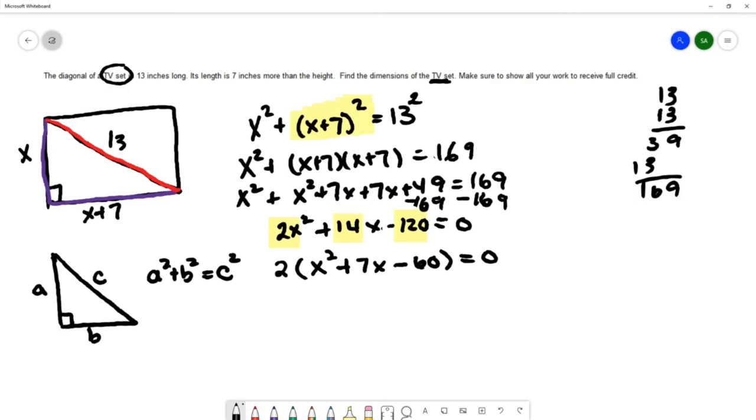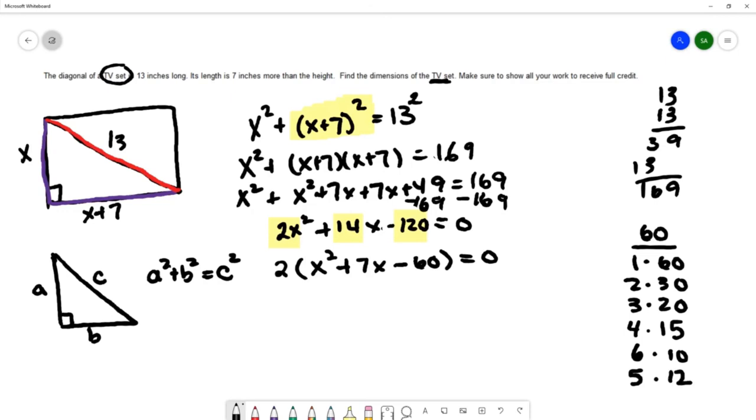And let's see, factors of 60 are 1 and 60, 2 and 30, 3 and 20, 4 times 15, 6 and 10, skipped 5, 5 and 12. Okay, 5 and 12 might work because that could give me the 7 in the middle.